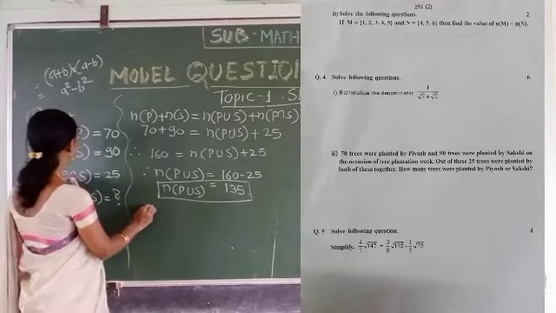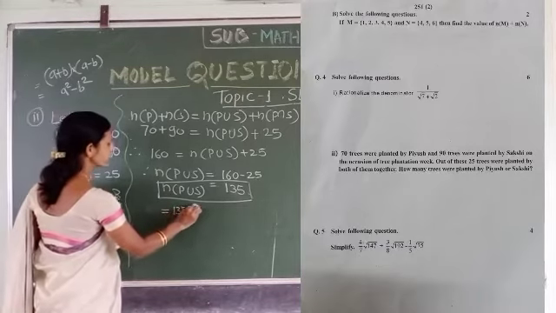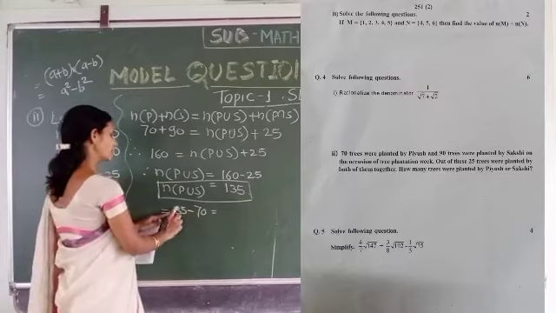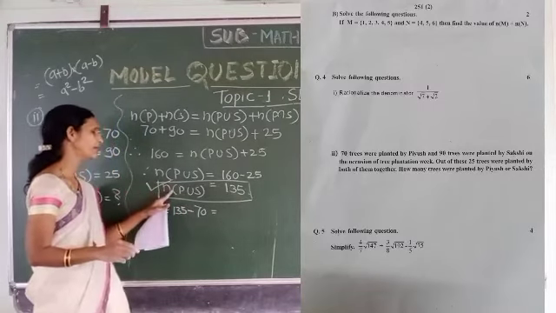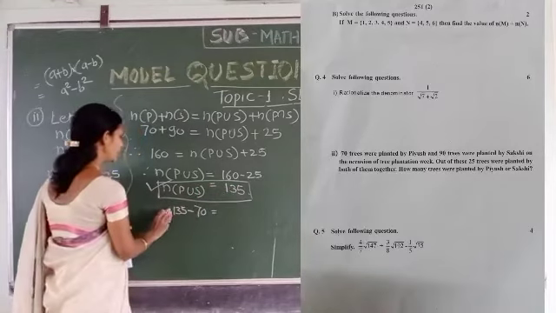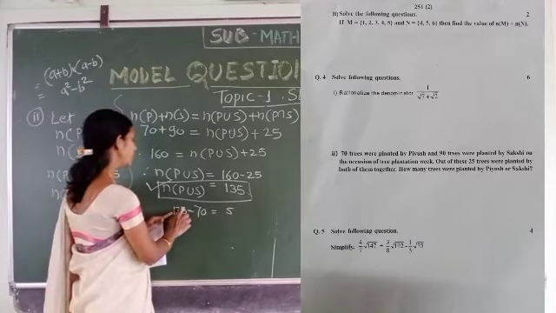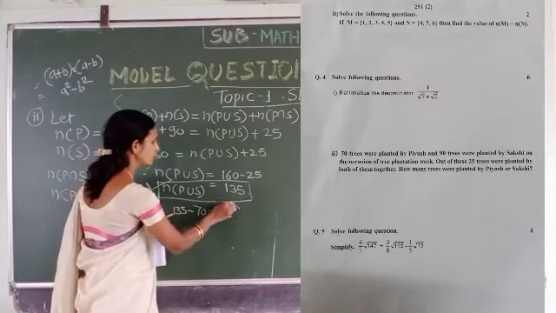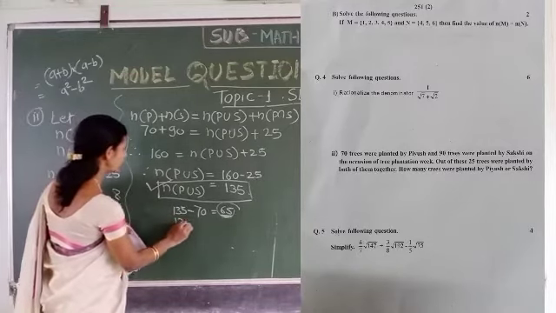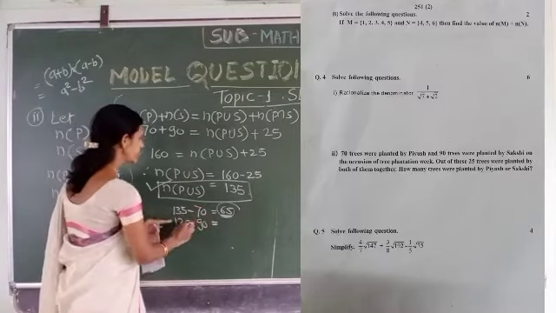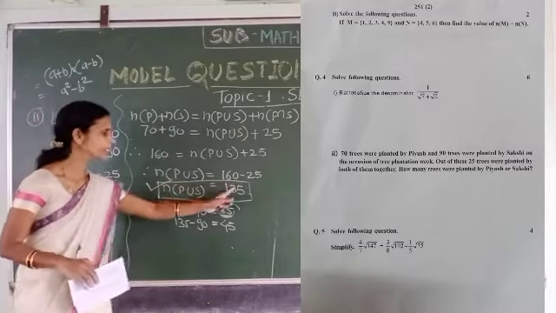Therefore 135 minus 70, where 135 is the number of trees planted by Piyush or Sakshi. Here we get the answer 65. The trees planted purely by Sakshi only are 45. And the number of trees planted by Piyush or Sakshi is 135.